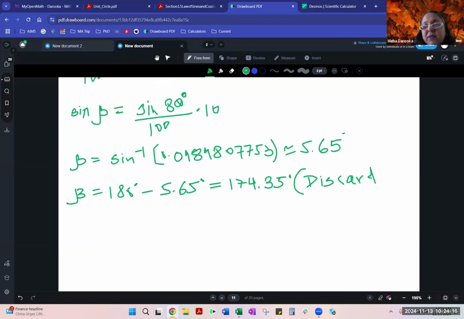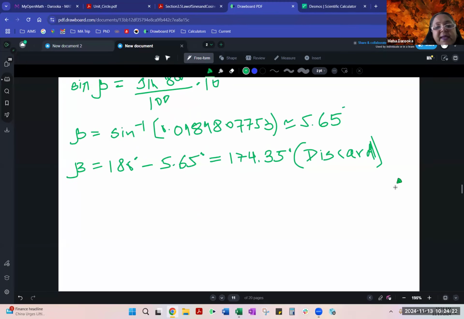So you will not be able to keep this second angle, which means we will only end up with one solution where our beta is going to be 5.65. So now based on that, we can go ahead and calculate our third missing angle. So that would be 180 minus the alpha angle, which was 80 degrees, and then of course the 5.65 for beta.